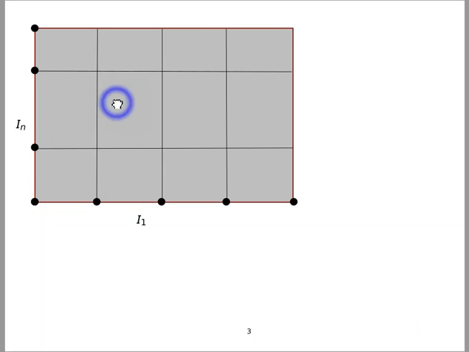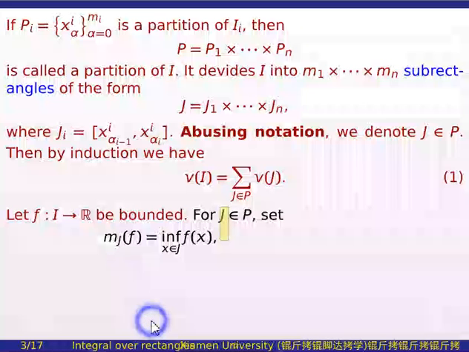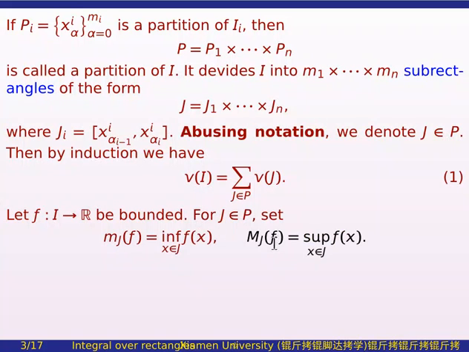For each rectangle, we take the infimum of our function f over this sub-rectangle J, denoted by small m_J f, and similarly the supremum denoted by capital M_J f.